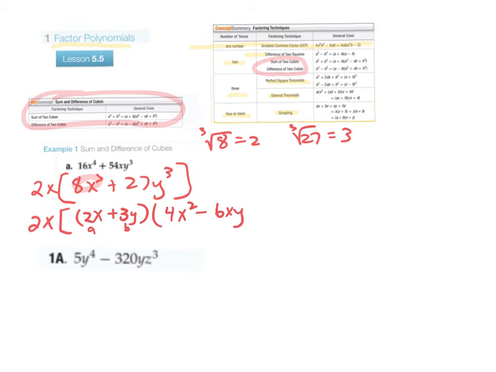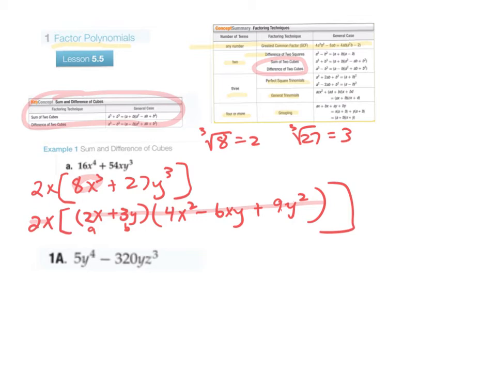Well, my b is 3y, so when I square it, I get 9y squared. So I have this completely factored now because I've done the cubed. That's this part right here. And I have my greatest common factor. So together, that's my answer.